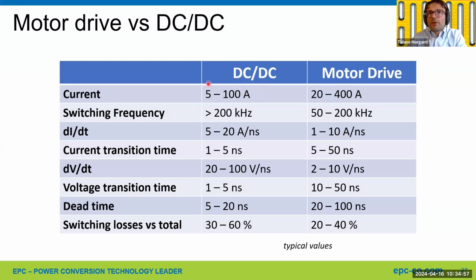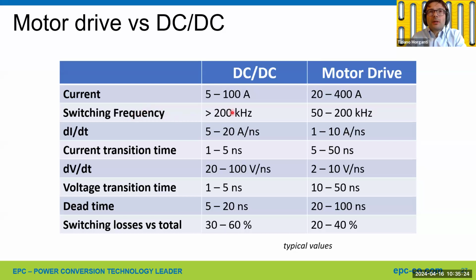Those are typical values. There can be exceptions. Above this value, we usually suggest to increase the number of phases of the converter. In a motor drive, we have higher currents. So we start from about 20 up to 400 amps and more with multiple parallel devices.